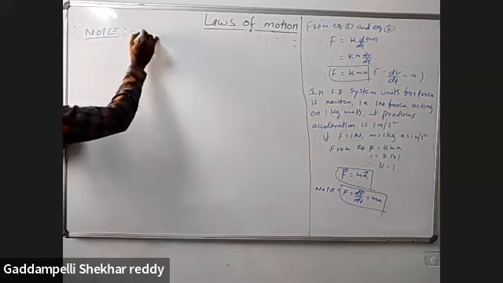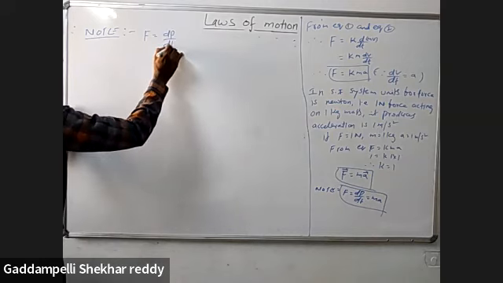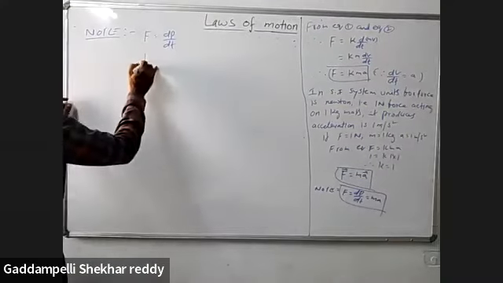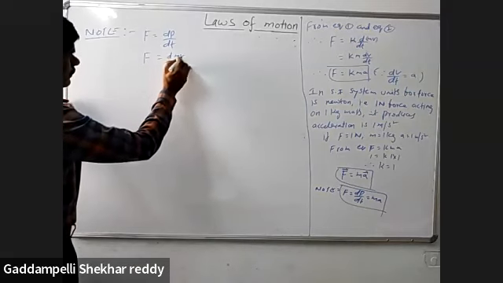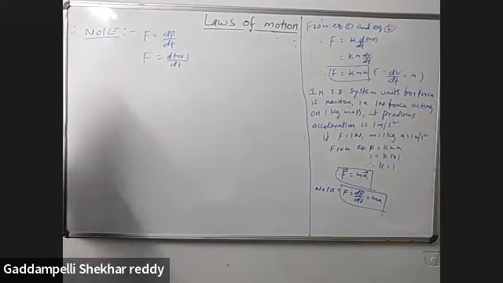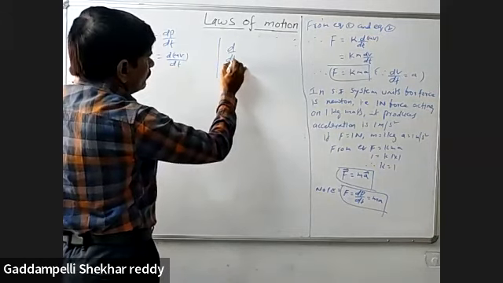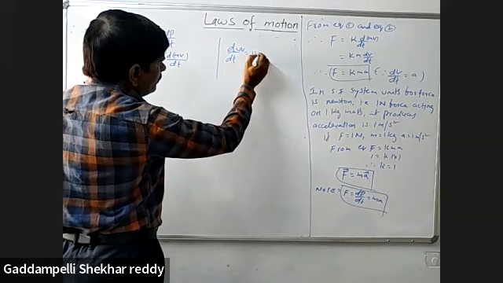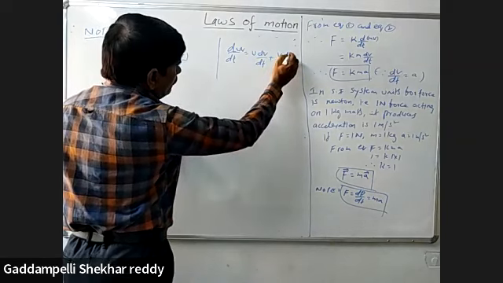Note: F is equal to dP by dt. This is similar to d by dt of uv, which by the differentiation method is u dv by dt plus v du by dt.